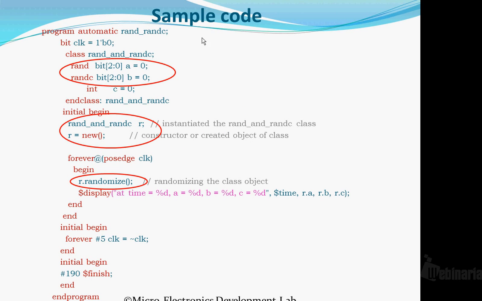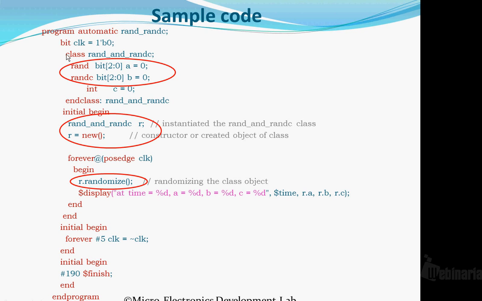Here you are seeing the sample code of randomization. In this code, I have declared a program block which starts with program and ends with end program. Inside the program block, I have declared a clock of bit type, initialized with value 0.